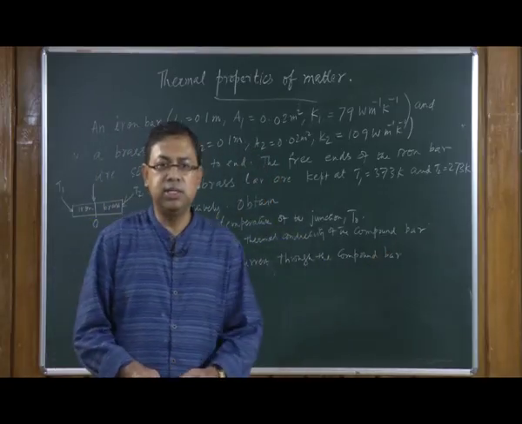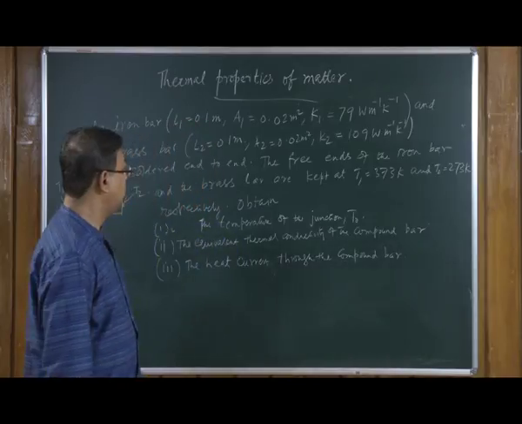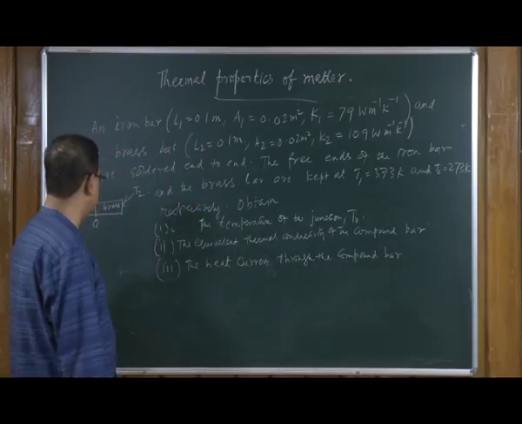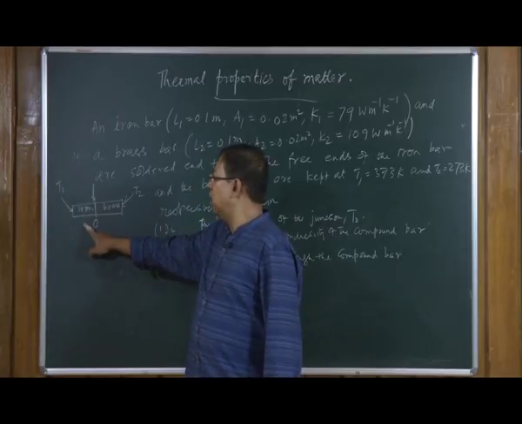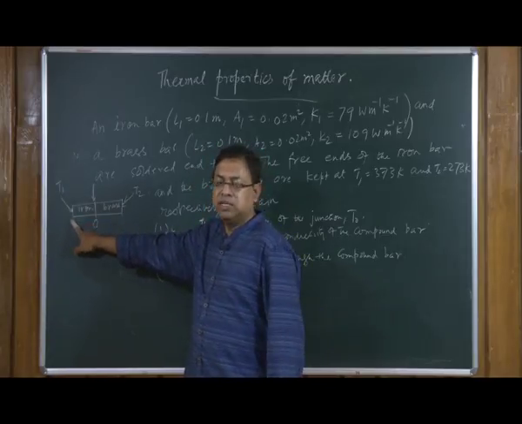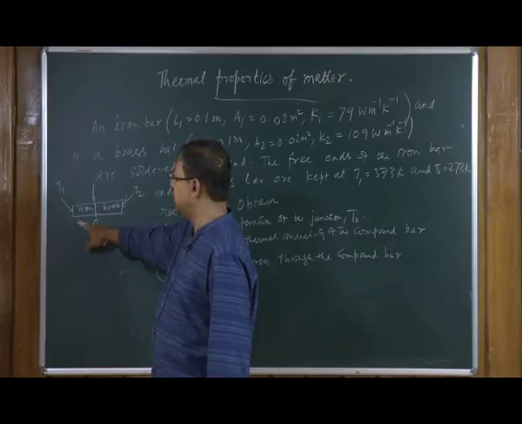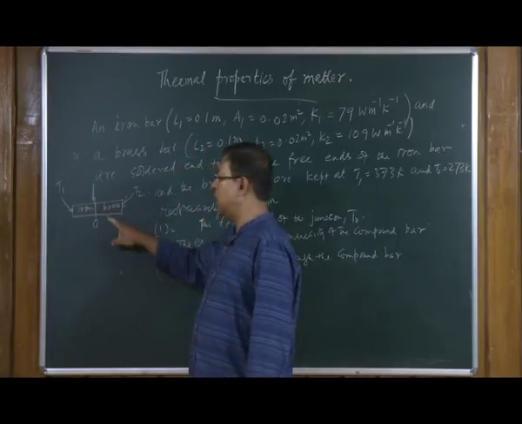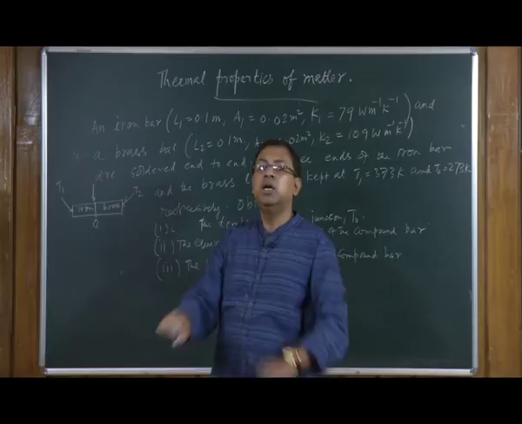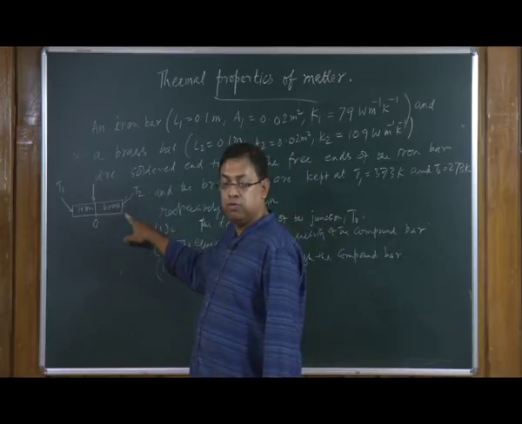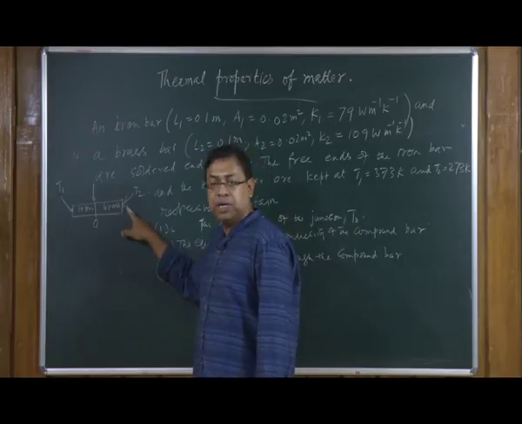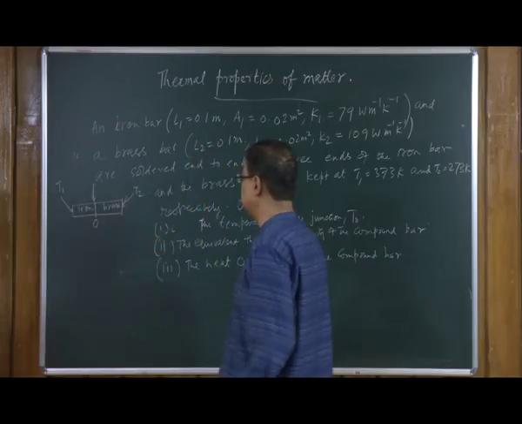The question is simple, we are talking about thermal conductivities of material. So we have an iron bar whose free end is kept at a temperature 373 Kelvin, which is T1, soldered with a brass bar, the right side of which is kept at a temperature T2, which is 273 Kelvin.